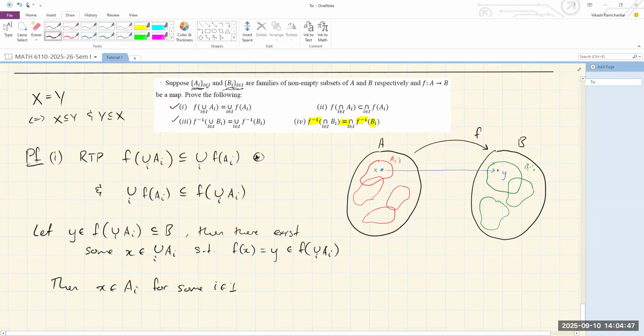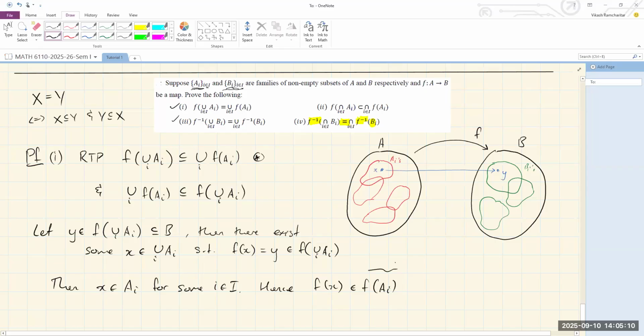Okay, so for some i in here. And f of x belongs to the image of this set, right? If x belongs to Ai, then f of x belongs to the image of this entire set.